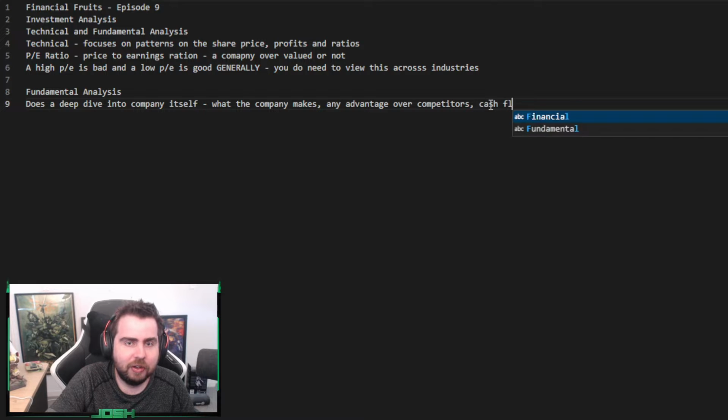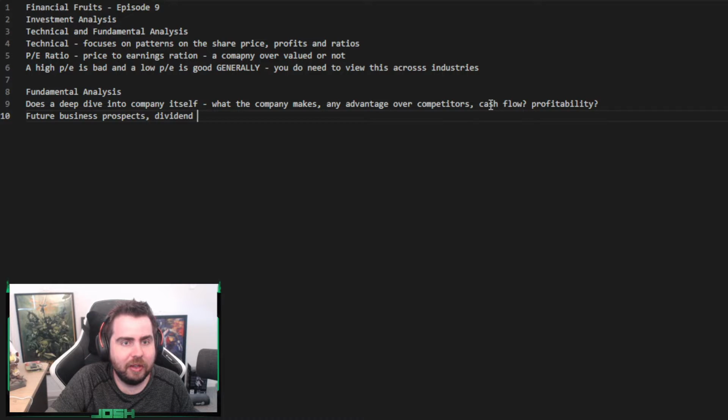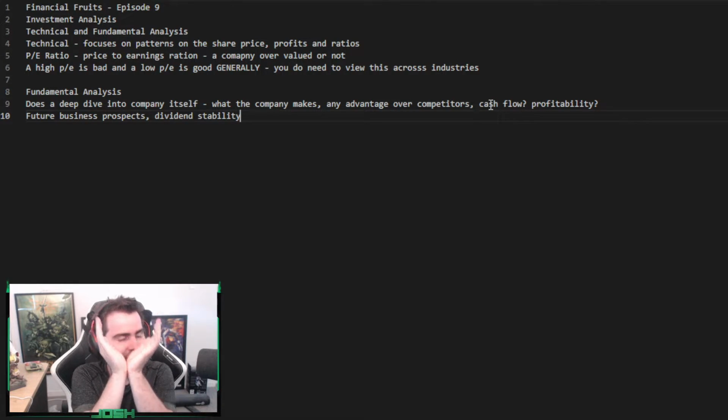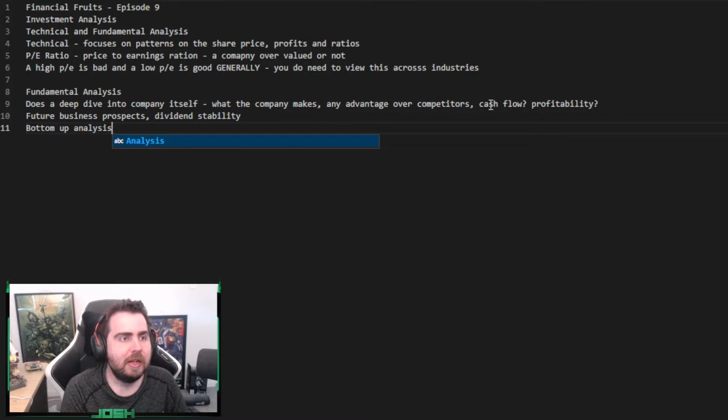It's cash flow, profitability, future business prospects, dividend stability. Like, can their profit be done over and over again? You can see here, it's from the bottom up, okay? That's what they call bottom up analysis generally. So you're basically going to the company and asking, okay, how did they make the money? What did they make the money from? And do they have an advantage in the space?